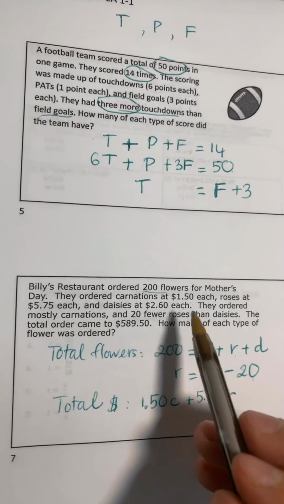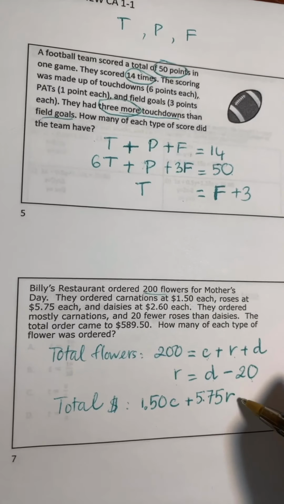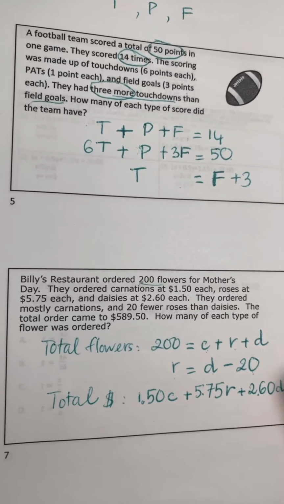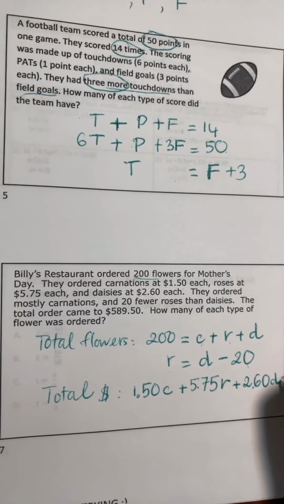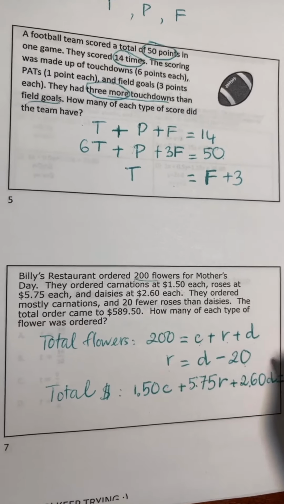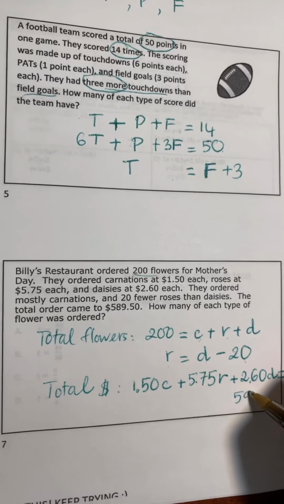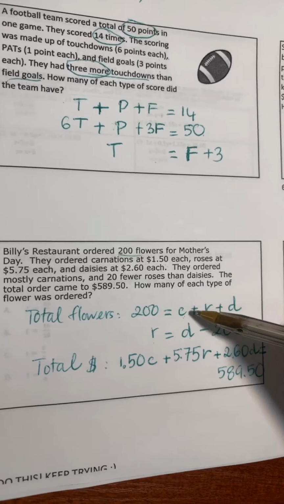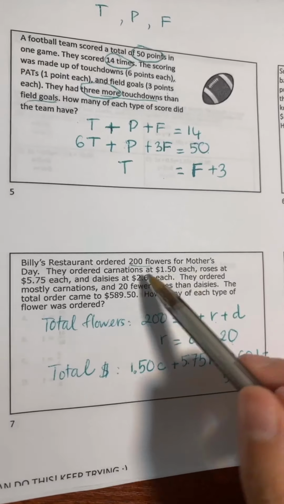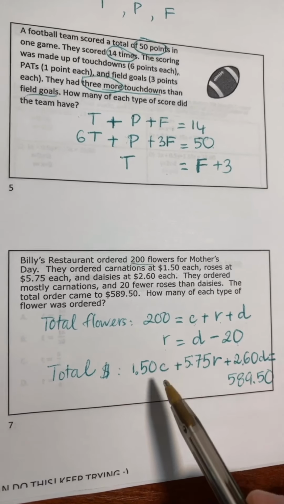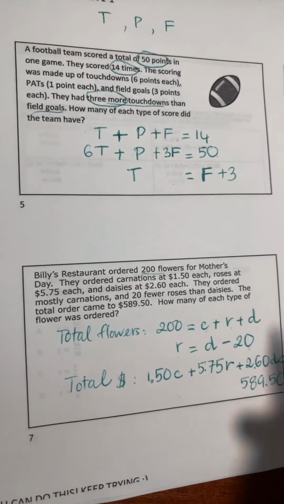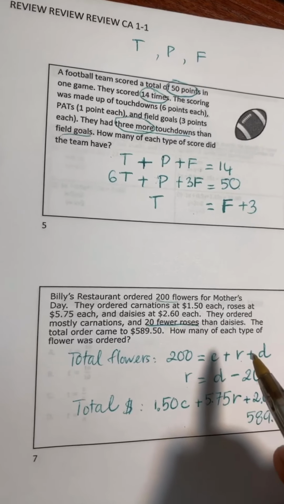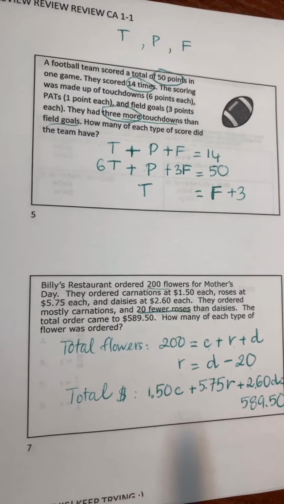Then we have the daisies right here is 2.60 each, so I'm adding 2.60 D. The total money come out, the total right here is $589.50. So remember, if you have three variables, three things that they're talking about, we need to have three equations. Okay, and pay attention specifically to the keywords, and each sentence, usually each sentence represent one equation.